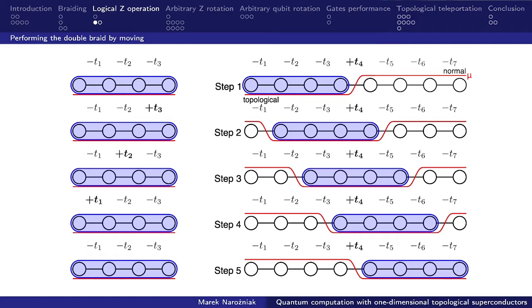But the disadvantage of this approach is you need to be able to control every site of the chain. You need to be able to change this hopping sign everywhere through the entire chain. That's why there is this alternative picture here, which looks more complicated. The price to pay is you need double the length of the chain. So for the domain of length 4, you need 8 sites.